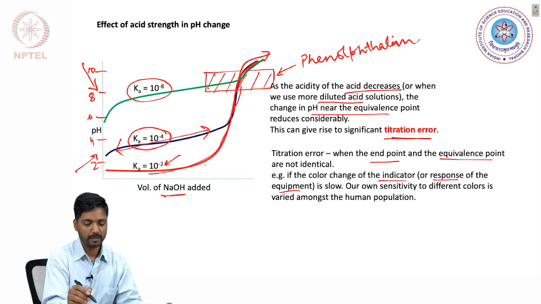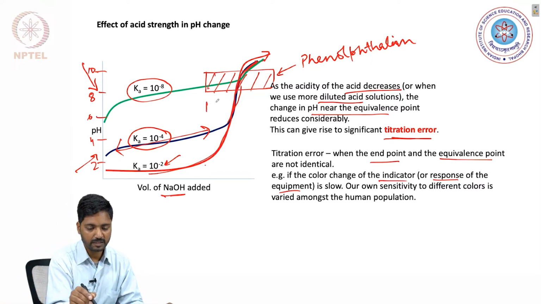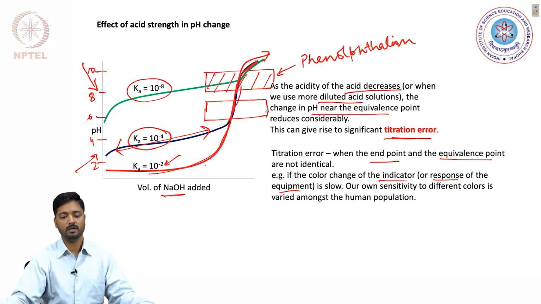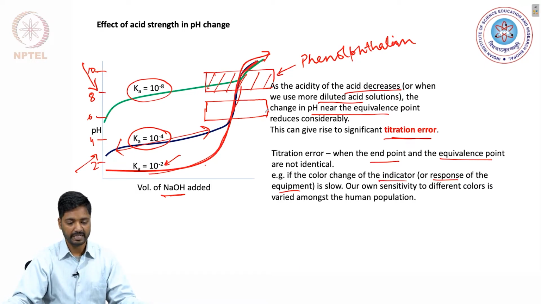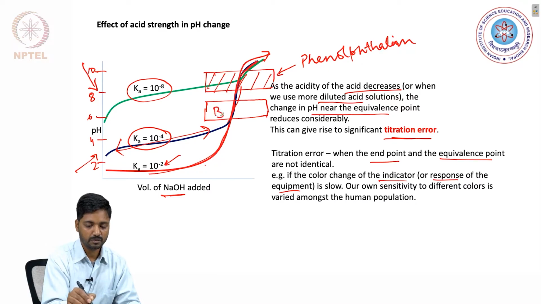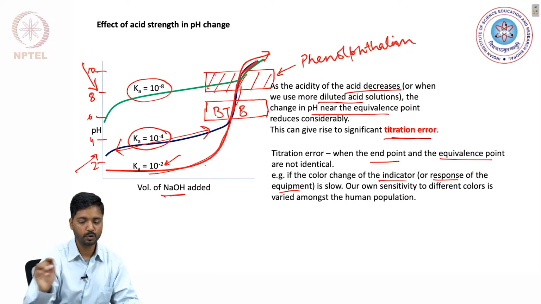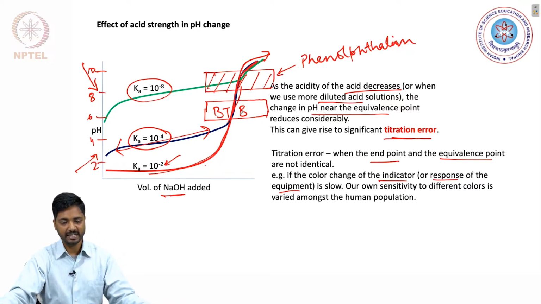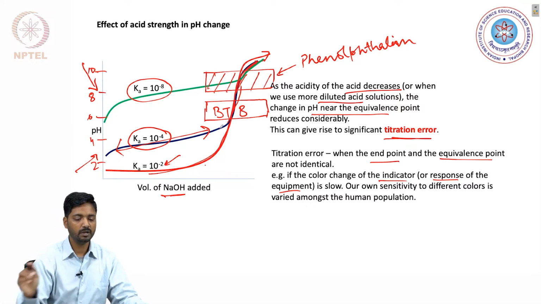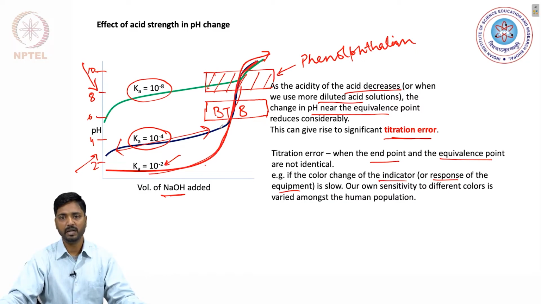However, if we take bromothymol blue, that works best in the pH regime of 6 to 8, and that is shown here. So, bromothymol blue would be our indicator of choice when we are titrating the blue curve with a K value of 10 to the power of minus 4.